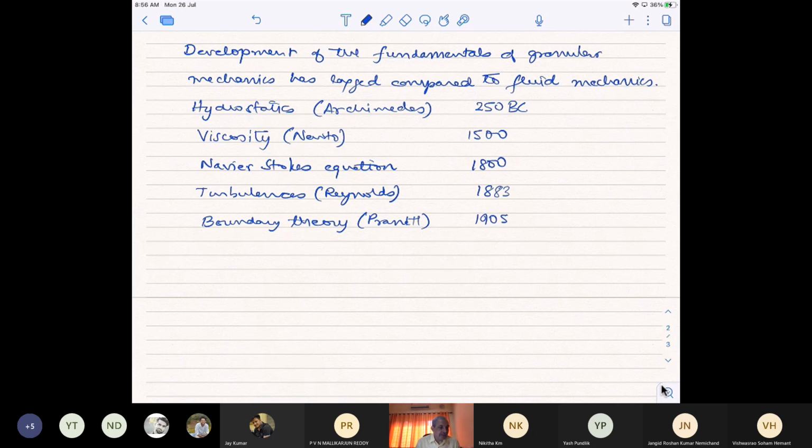And by the 70s, computational fluid dynamics had already come by the 1970s. So you could actually start solving quite complex problems using computers by the 70s.